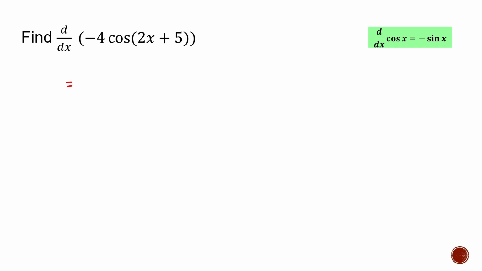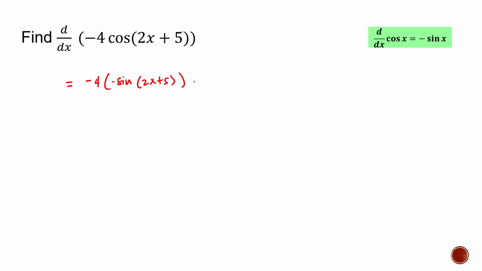So if you're not familiar with that, my advice is to watch that video first. Okay, so this is negative 4, and then the derivative of cosine is negative sine. So this is negative sine, and then our angle is represented by 2x plus 5.